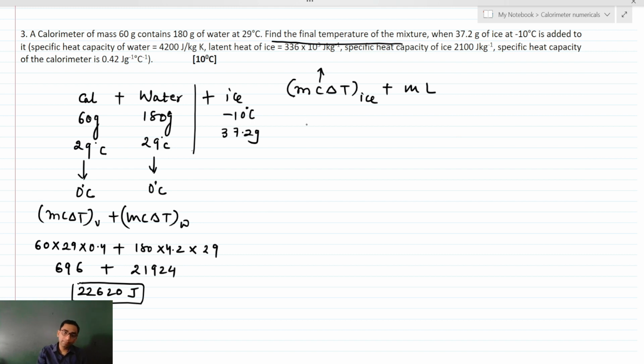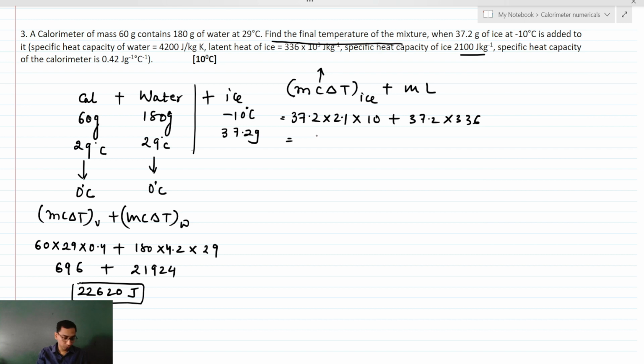So this m is 37.2, specific heat 2.1, because this is in joule per kg, so joule per gram would be this one, and delta T is from minus 10 to 0. So 0 minus minus 10, the difference in temperature has to be positive. So 10, plus 37.2 into 336.